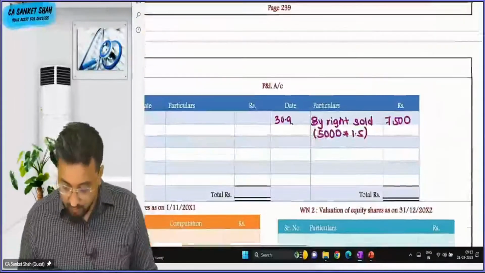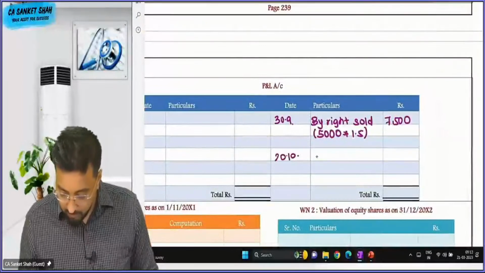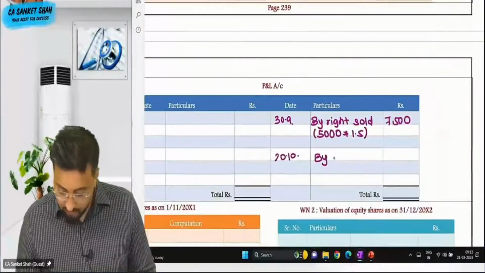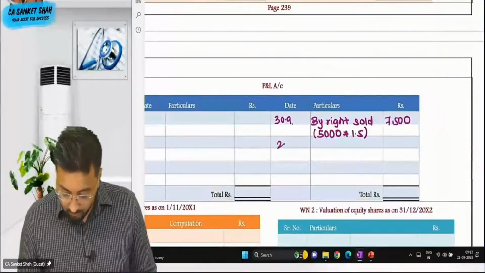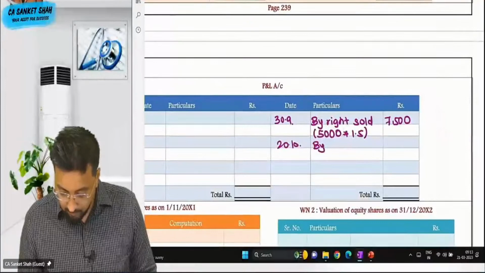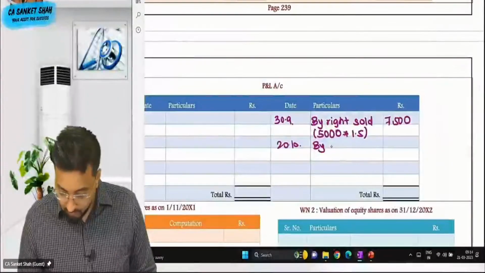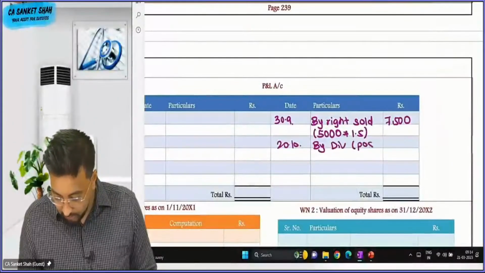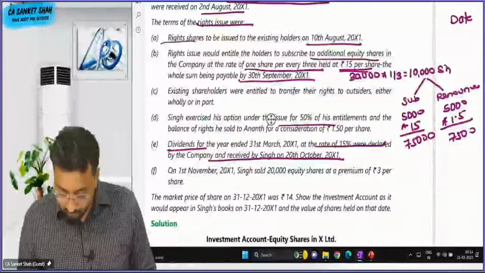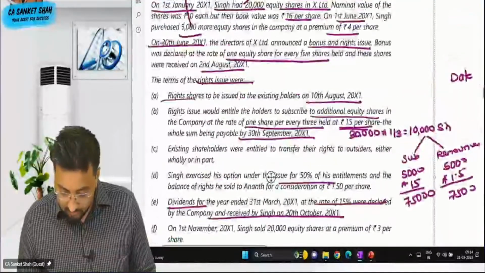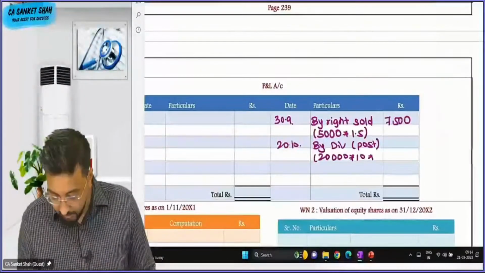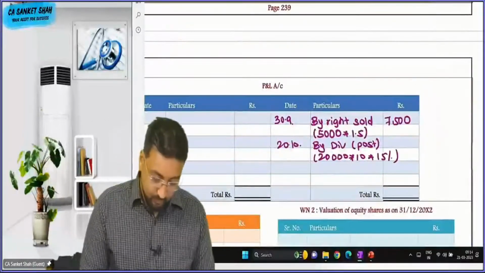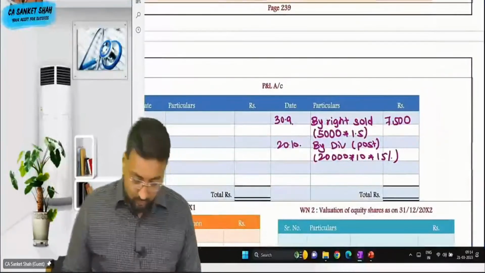And post acquisition dividend, on how many shares? 20,000 shares into 10 into 15%, 30,000.